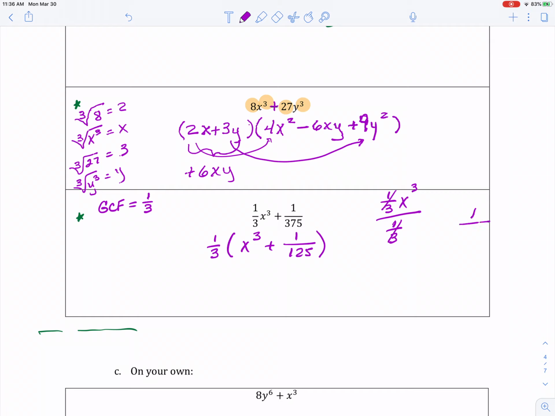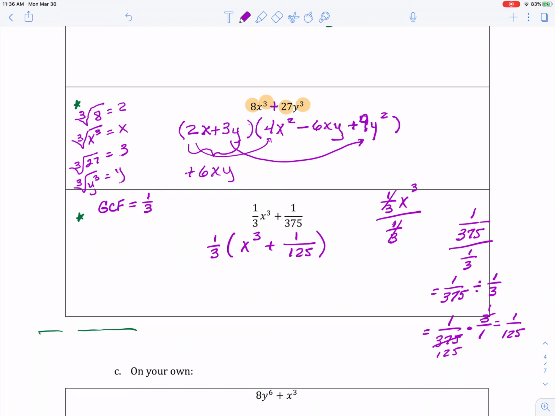When I take 1/375 and divide it by 1/3, that's the same as 1/375 divided by 1/3 written horizontally, which is the same as 1/375 times the reciprocal, or the multiplicative inverse, and you can see there how I get this 1 over 125.